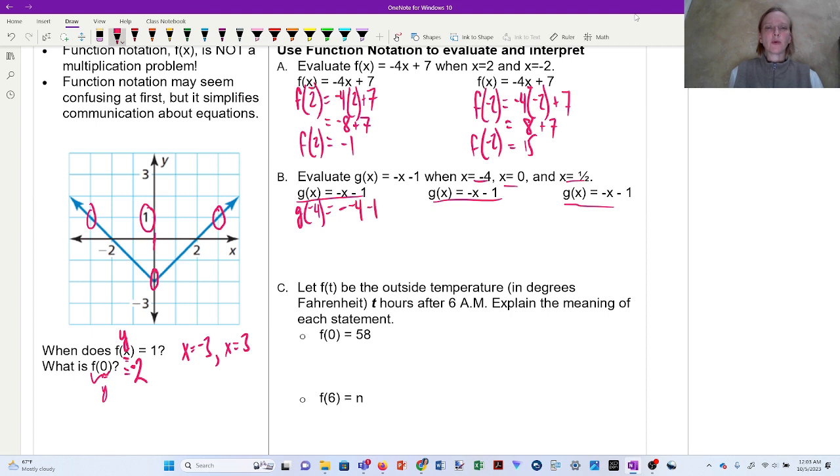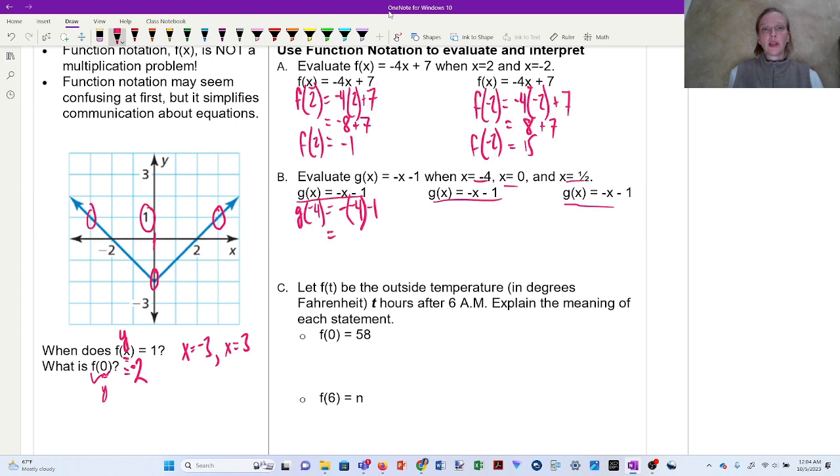negative negative 4 minus 1. So notice, there's a negative sign here in front of the x. I have to keep that negative sign there because it's part of the equation. But then I have to replace my x value with negative 4. It's important to have both of those negative signs there because when you have a double negative, negative 1 times negative 4, it's actually going to give me a positive value.